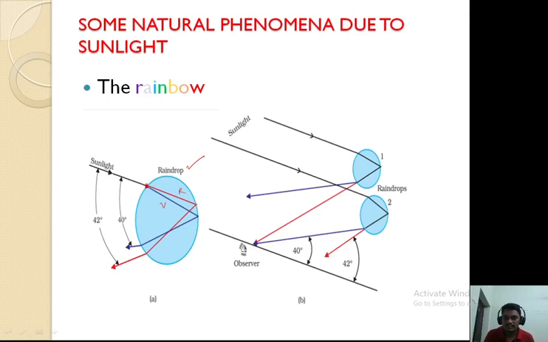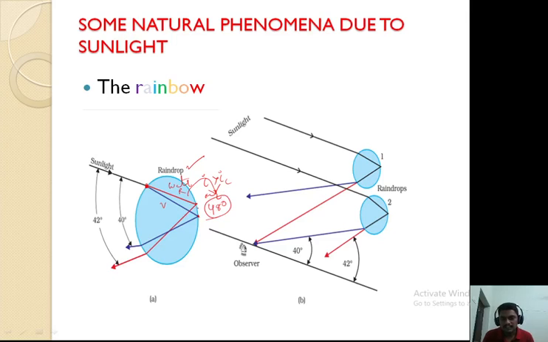When light falls on this first surface, due to refraction it splits up into different colors. When it is incident on the inner surface, the angle of incidence is more than the critical angle. This is a water-air surface, and the light ray is traveling from a denser to a rarer medium. A ray incident at an angle more than the critical angle, which for the water-air surface is 48 degrees, suffers total internal reflection.